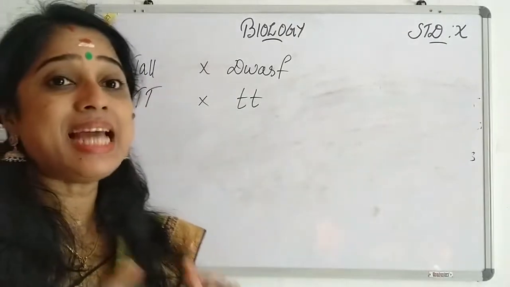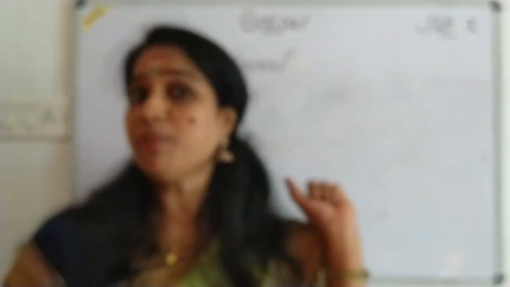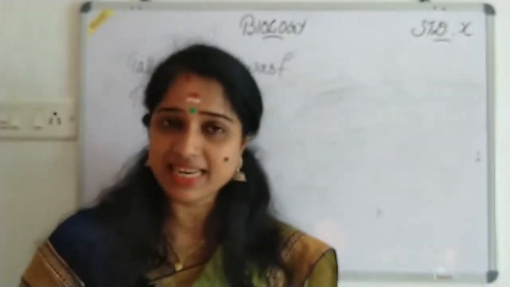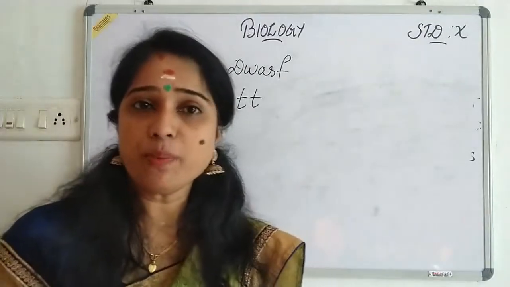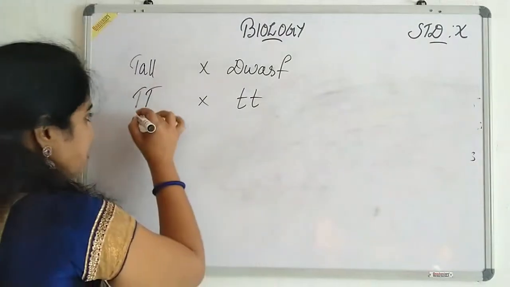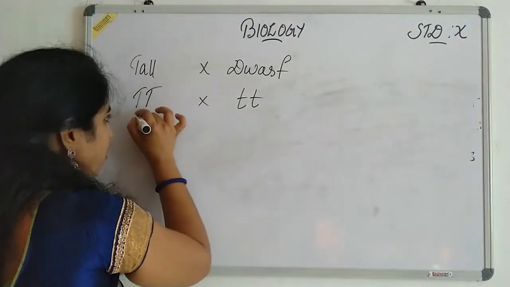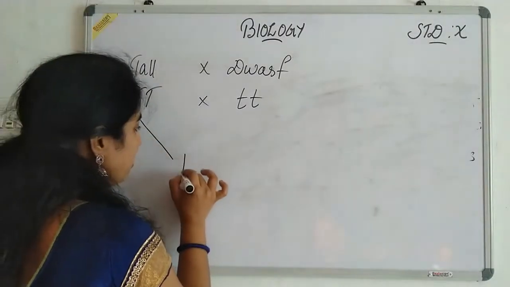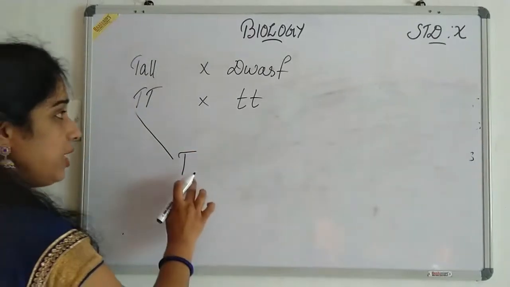But at the time of gamete formation, hope you remember the law that you had already studied. At the time of gamete formation, what happens? They separate. Either of these, you had already seen, one T will move to the zygote.